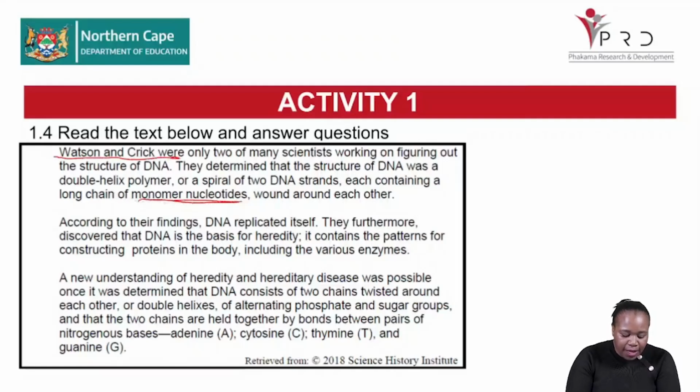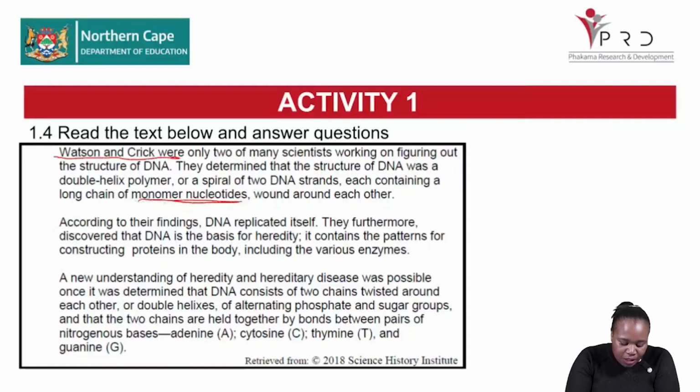They furthermore discovered that DNA is the basis for heredity. We know that one of the functions of DNA is the inheritance of hereditary characteristics from parent to offspring. It contains the patterns for constructing proteins in the body, including the various enzymes. We know that it carries the code for certain characteristics, including protein synthesis.